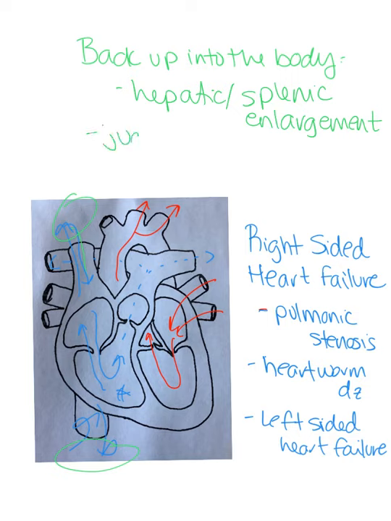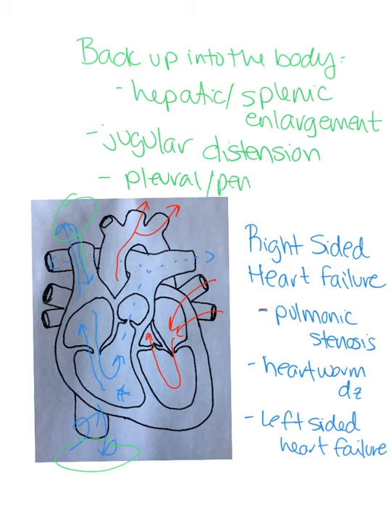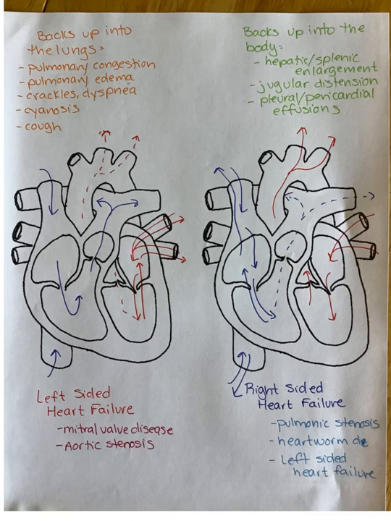You can also have jugular distensions. So there's too much blood in that body. You can start to actually see that jugular vein and see it pulsating. The jugular vein gets too big. And you can also have some pleural or pericardial effusions, where fluid is accumulating around the heart, which is also going to interfere with how it functions. And that is what right-sided heart failure will look like in your patients.